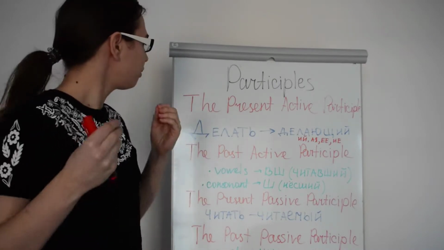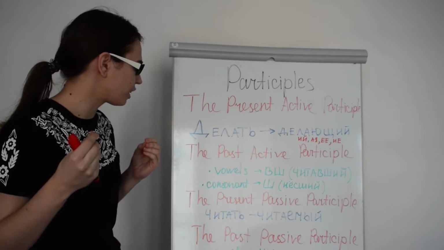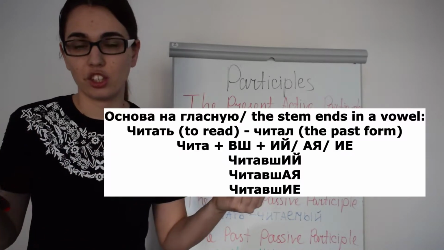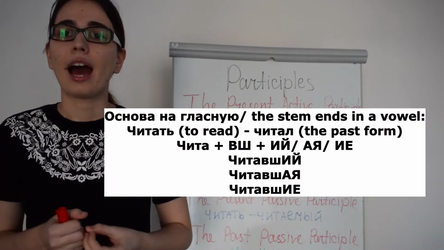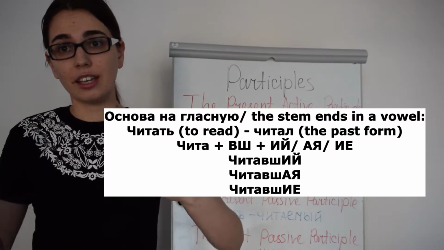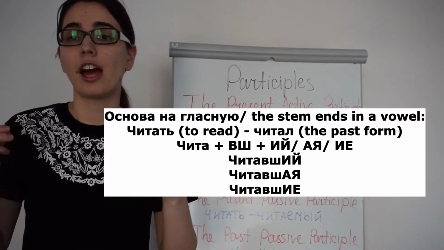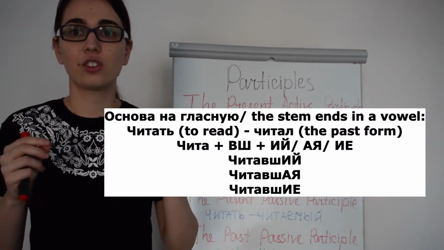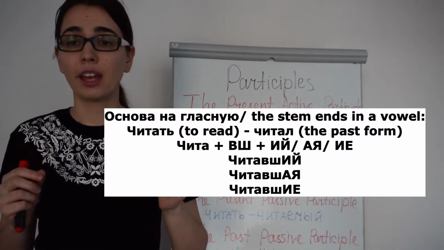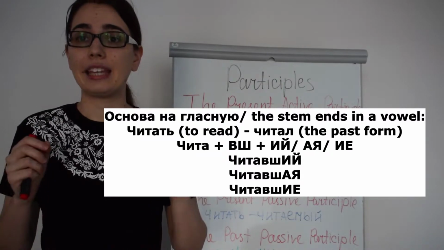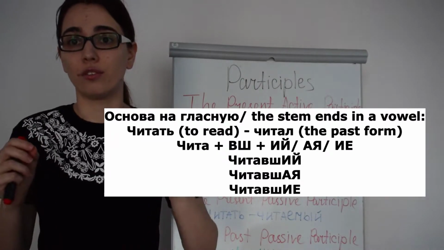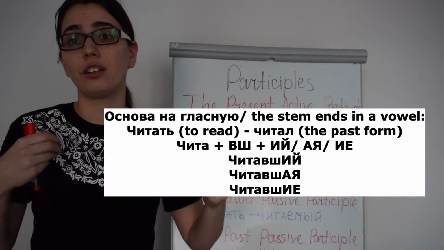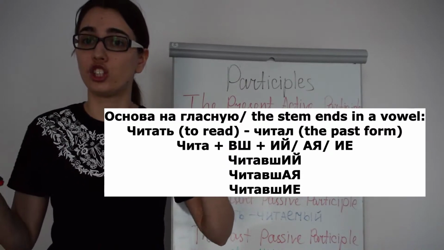So I have the verb, for example, читать, to read. In the past, it's читал. So the verbal stem ends on a vowel. That's why I need to add вш, and I get читавший.